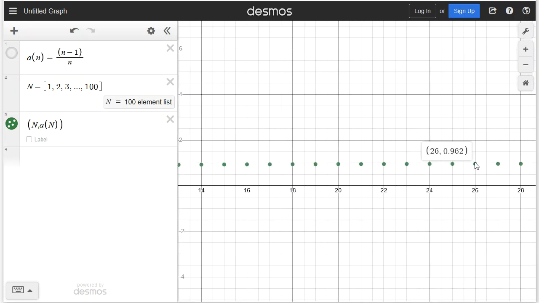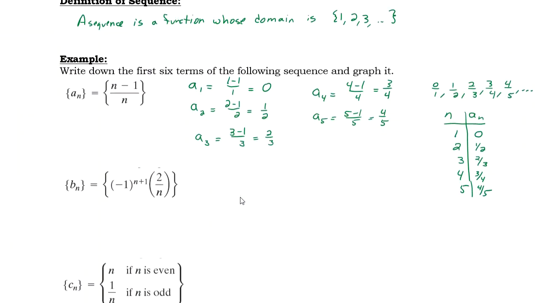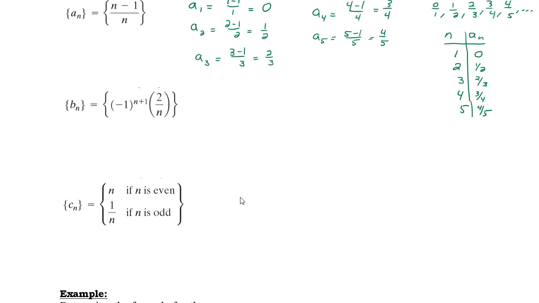It's going to approach 1, because the numerator and the denominator are going to become very close to each other, so the output approaches 1. All right, let's try part B. So pause the video and list out the first 5 elements of b sub n.